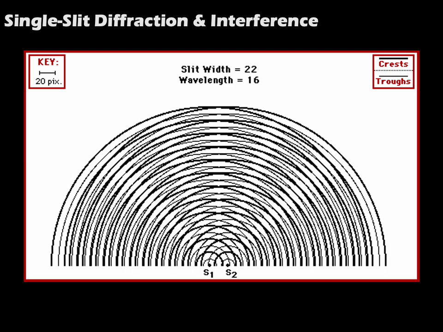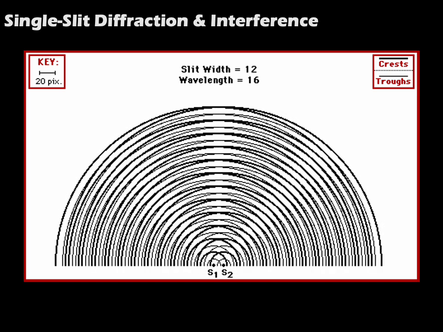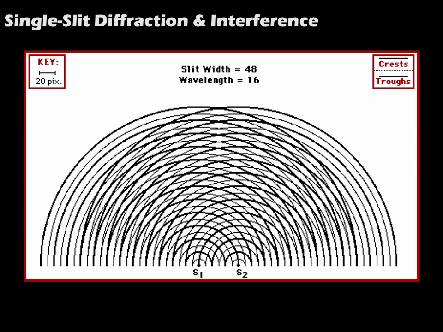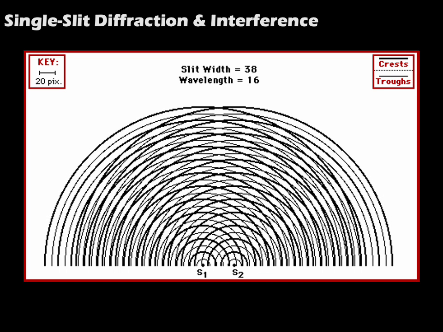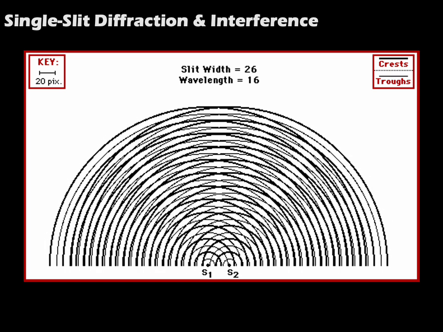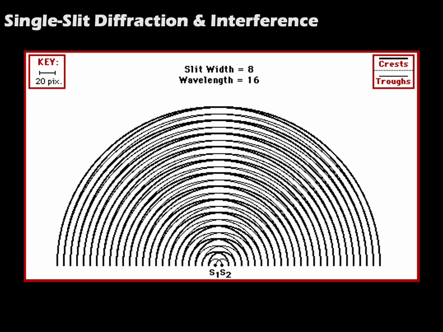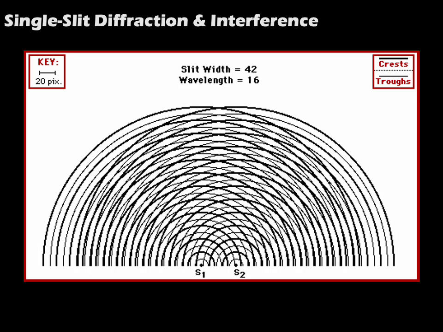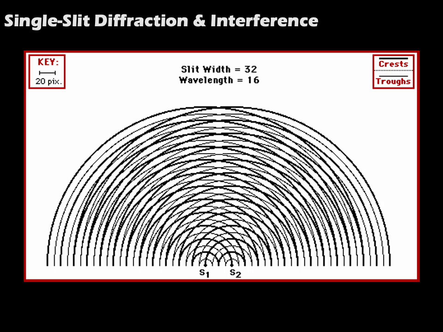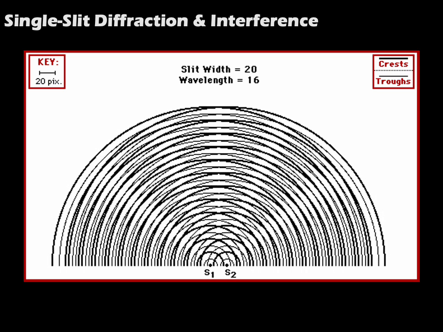So we bring them in closer, closer, closer, and we can see that that pattern starts to really spread out. You don't see as many lines crossing when they get close. When they're far away, you see a lot of cross-hatching. So you're going to see a lot of dark, bright spots in a small gap.